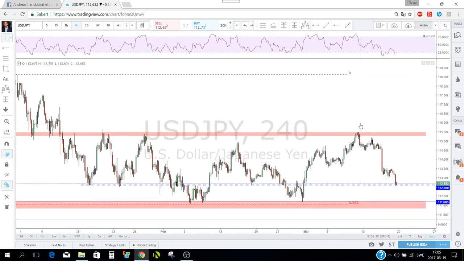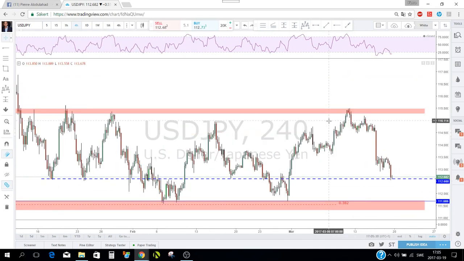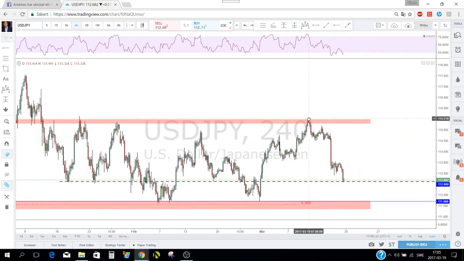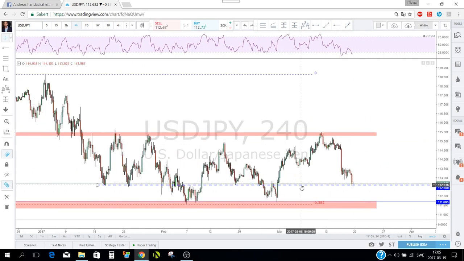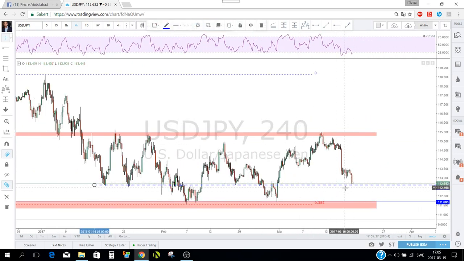USD JPY, two places I will be looking at. First level is where price is right now, the 112.600 and the 111.680 down here.